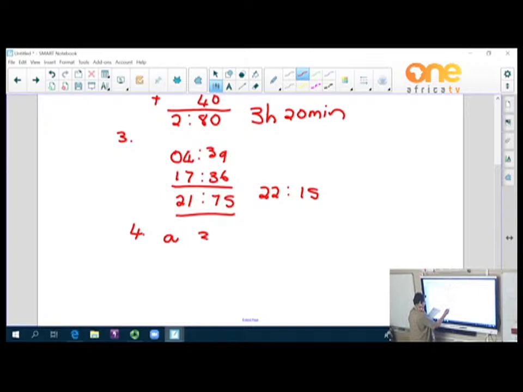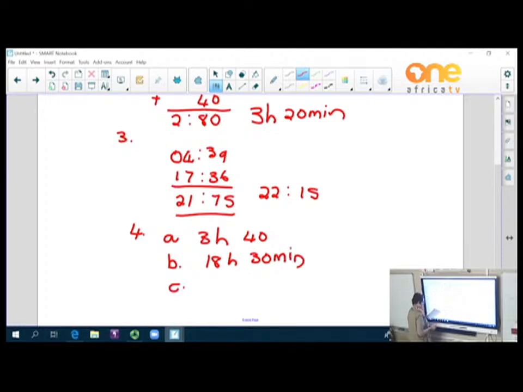So the first one there is 3 hours, 40 minutes. Remember, 60 minutes in an hour. The next one, 12:15 p.m. and then 3:30 p.m. You have to change that one to 15:30. So that is then 3 hours and 15 minutes.